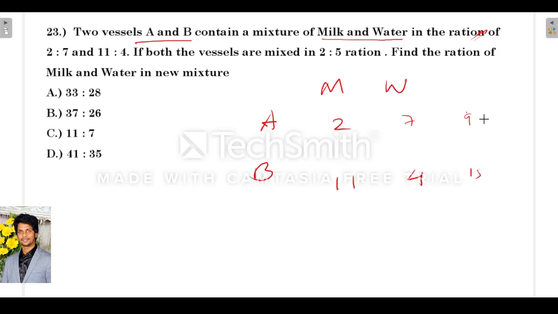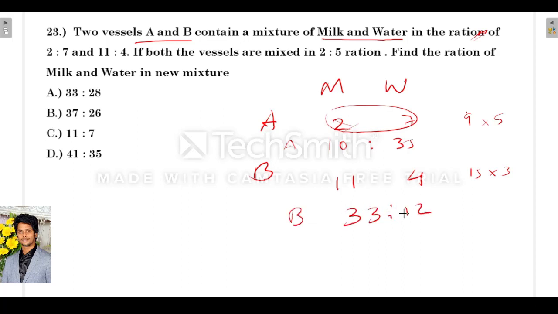So if we multiply this with 5 and this with 3, the overall sum will be equal. So multiply this with 5, the ratio will be 10:35 for A. This will be into 3, means the ratio of B is 33:12.